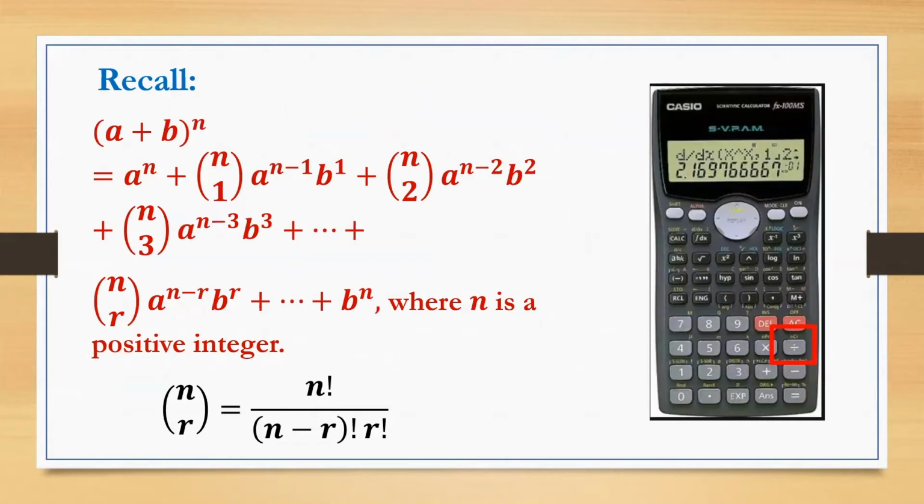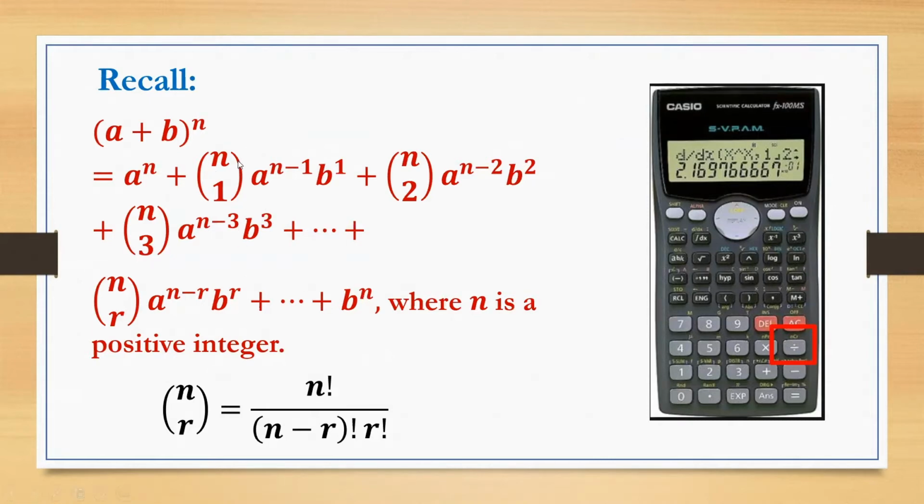You will recall that in the first lesson, you learned the meaning of nCr, that is, nCr equals n factorial over (n minus r) factorial times r factorial, and nCr can be evaluated using the calculator.